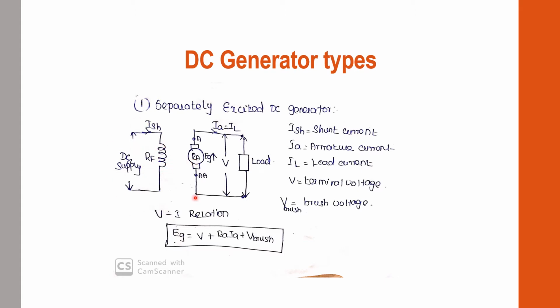So the EMF induced, that is EG, equal to IA into RA plus the terminal voltage plus V brush. V brush is nothing but the voltage across the brushes. This is very minimum, so it can be negligible.